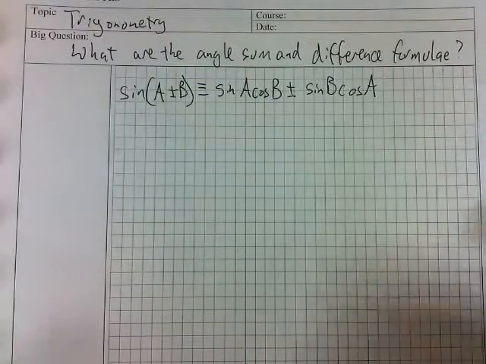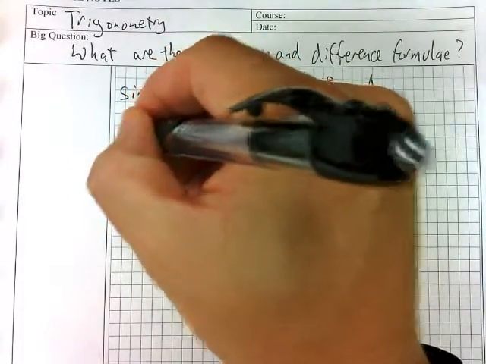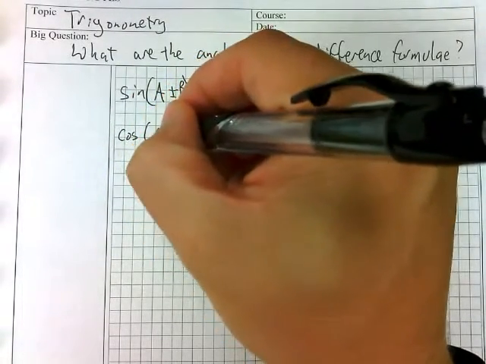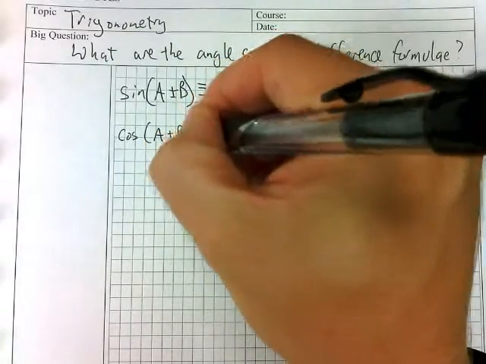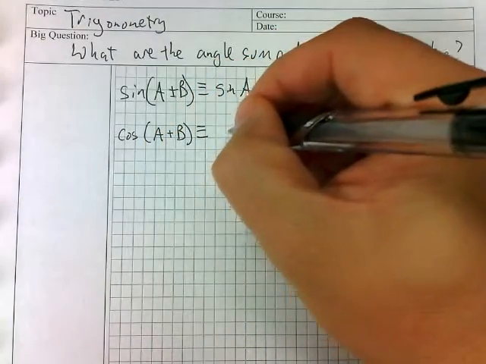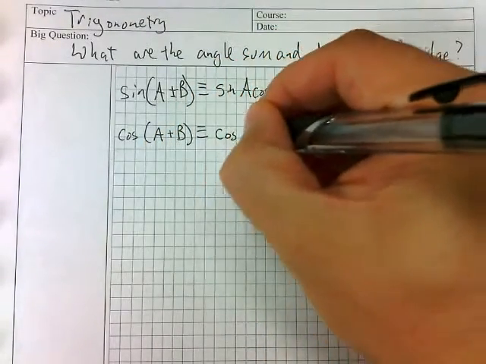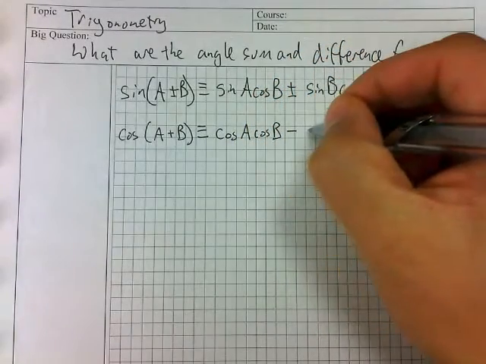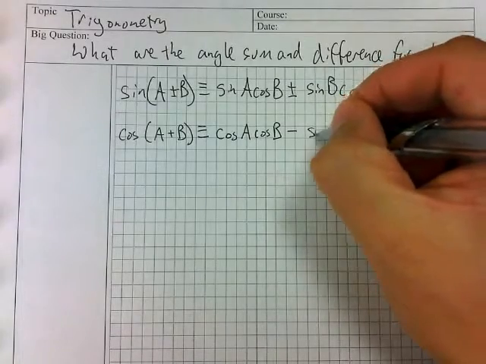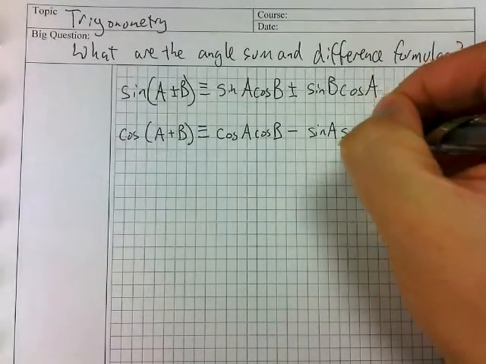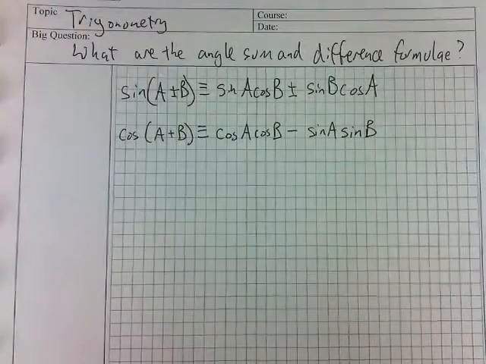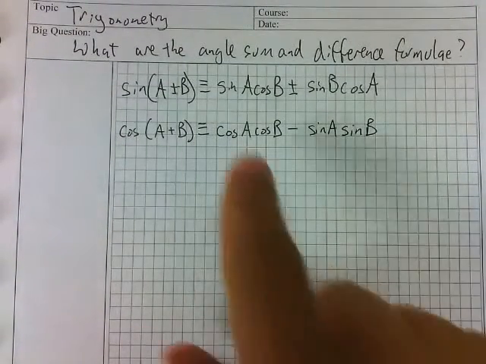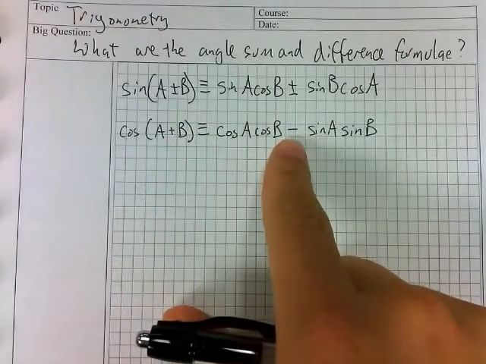Okay, the cosine formula for a plus b is cosine a cosine b minus sine a sine b. Now see how these two signs are opposites?